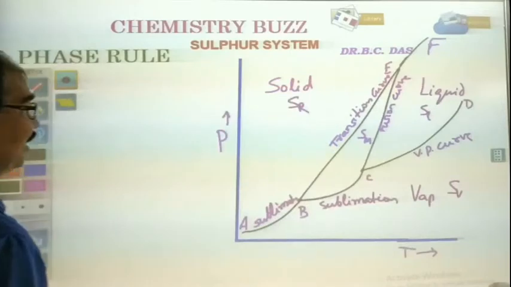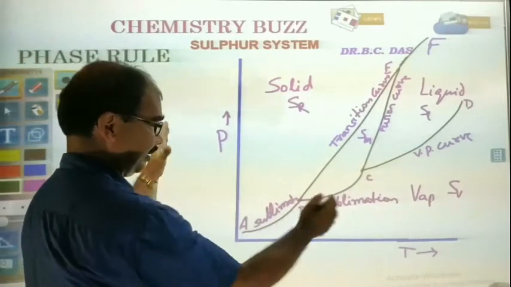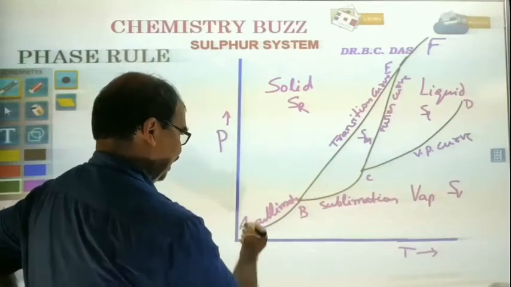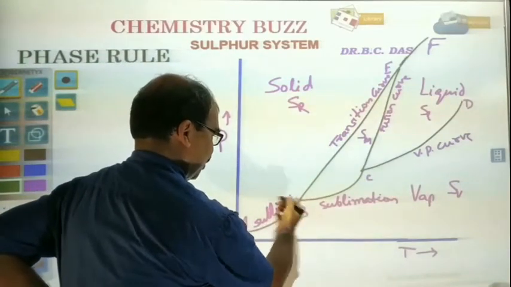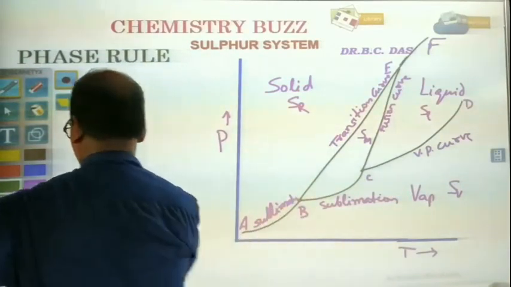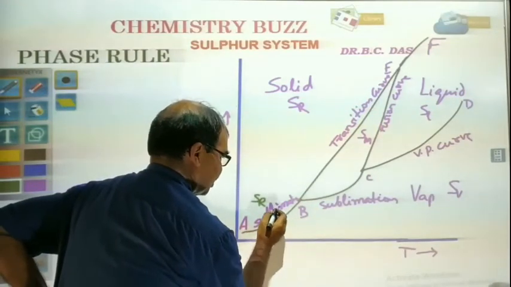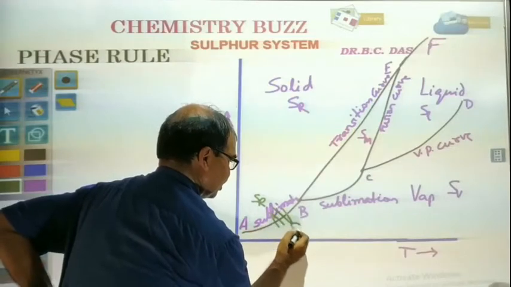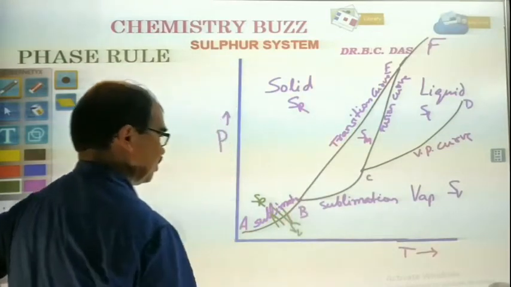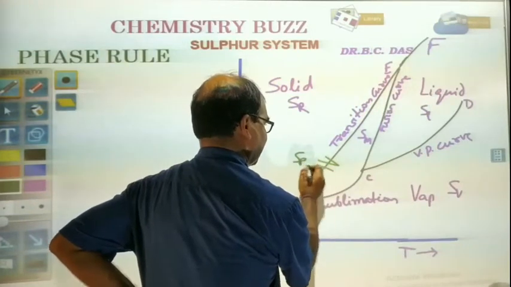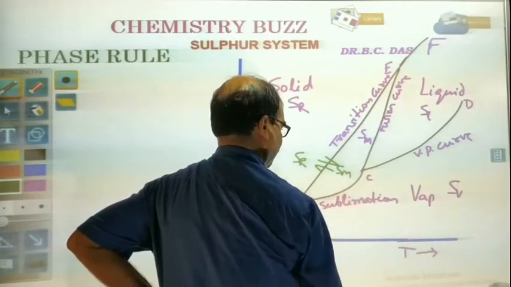So let us study the graph again. So this is a two-dimensional plot, pressure versus temperature, and here is your sublimation curve, that is the SR to SB equilibrium, and this is the transition equilibrium, SR, SM, okay.